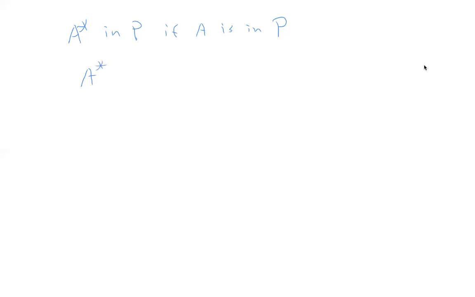And then A star is the set of strings, let's call it Z, such that Z can be broken into several pieces, let's call them Z1, Z2 up to Zk, where each Zi is in A. Okay, so that's A star.